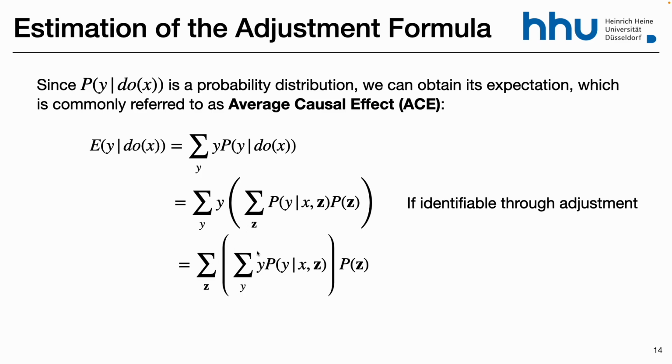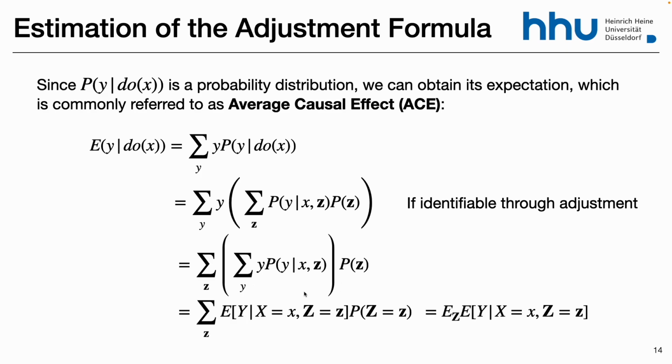And then the y, together with this probability of y given x and z, if you remember, is exactly the definition of conditional expectation, right? You can convert what is within the parentheses to the expectation of y given x and z.